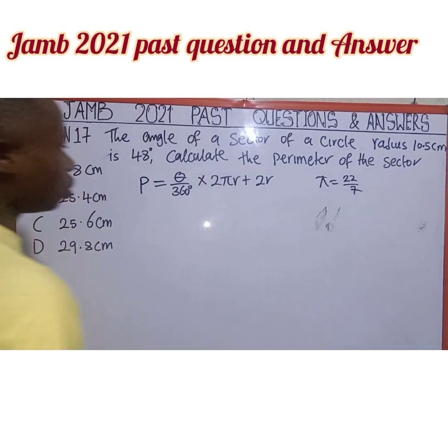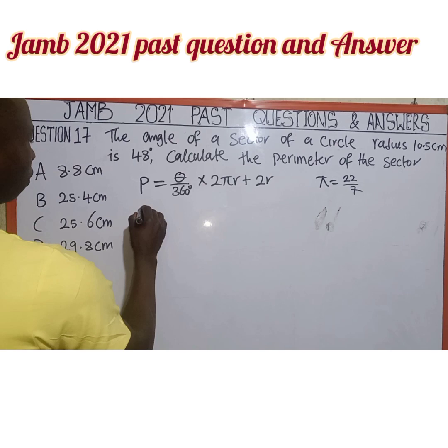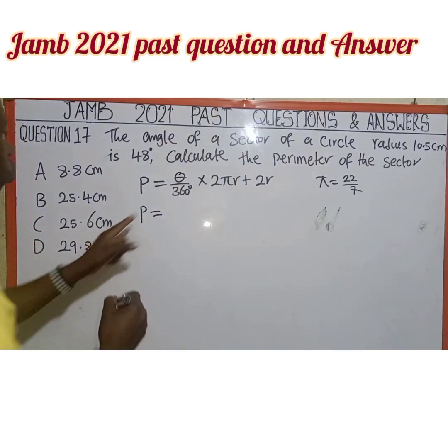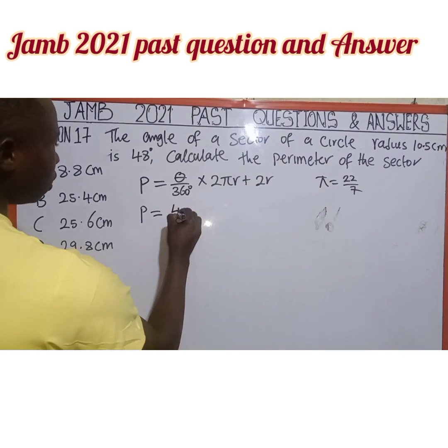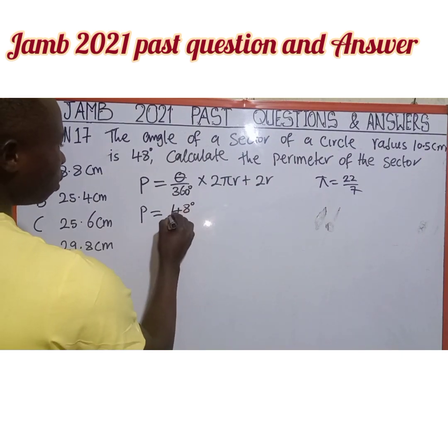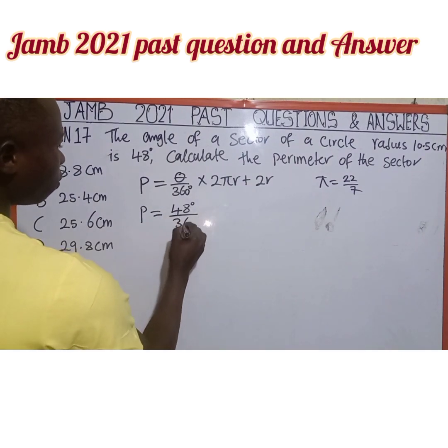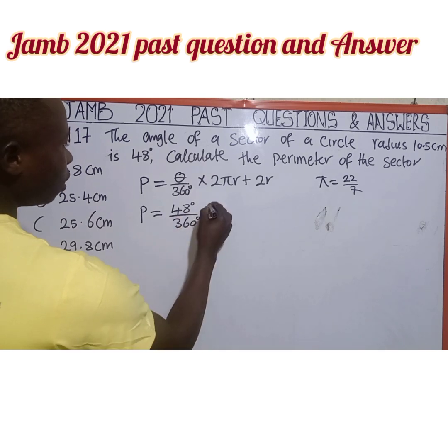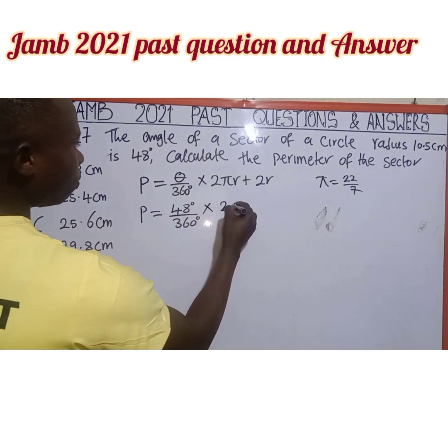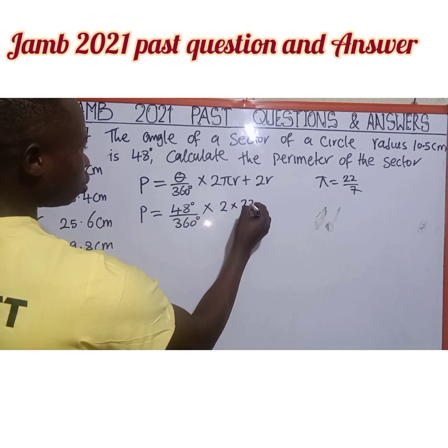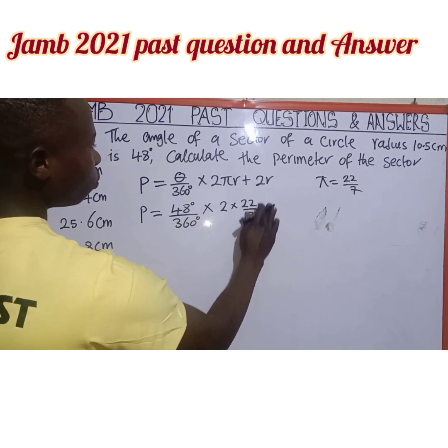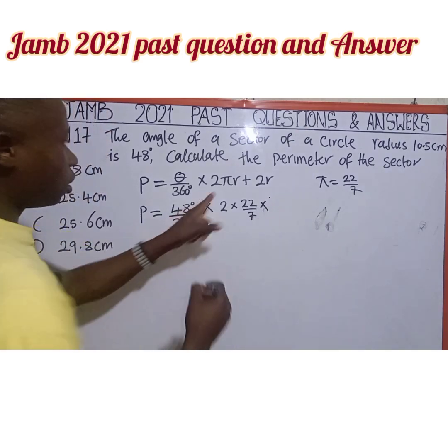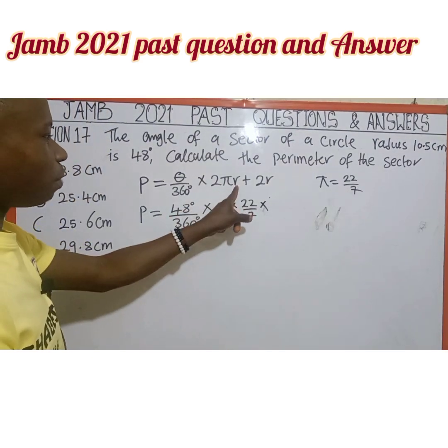So let's substitute into the formula. My perimeter now will be equal to theta from the formula, which is the degree, is 48 degrees, then over 360 degrees, then multiply by 2, then multiply by pi, which is 22 over 7, then multiply by the radius.